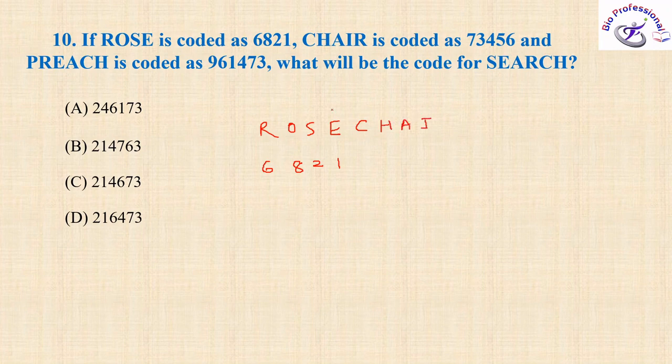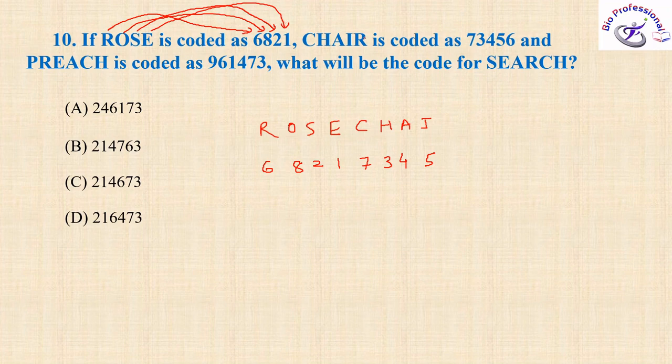R is again repeated here. C is 7, H is 3, A is 4, I is 5. R is 6, O is 8, S is 2 and E is 1.